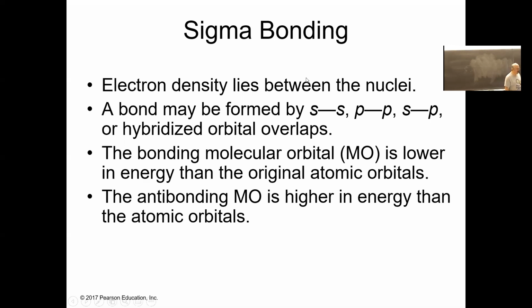Okay, when sigma bonding occurs, you get a bonding molecular orbital and an anti-bonding molecular orbital. This goes back to the idea of conserving orbitals. The bonding molecular orbital is lower in energy than the 2 original atomic orbitals, whereas the anti-bonding MO is higher in energy.